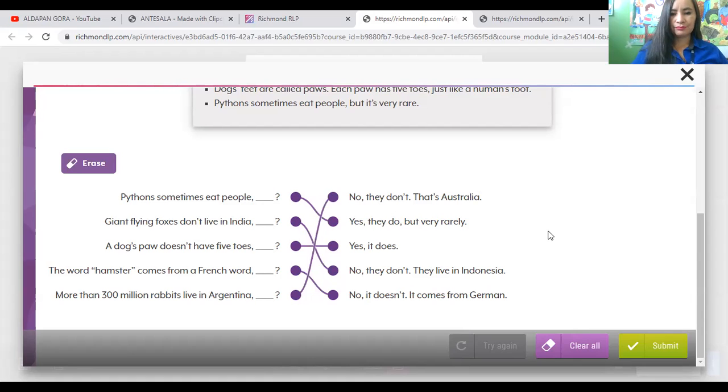Okay. Listen, I'm gonna give you time in order you can complete this activity in your book. These exercises are the same you have in your book, but I'm presenting you this in a different way. Why? Because these are the exercises you're gonna find on Richmond platform that you are gonna complete later on.